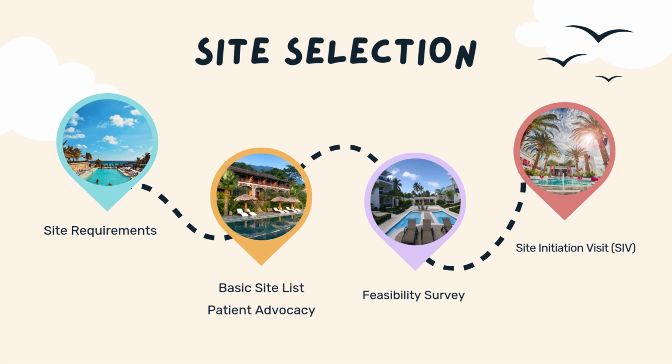Based on this feedback, the sponsor may decide to send a CRA, which is the Clinical Research Associate, on site to conduct the site initiation visit. This is the clinical trial equivalent of a first date, where we figure out if we are a match made in heaven, or we should keep swiping left.